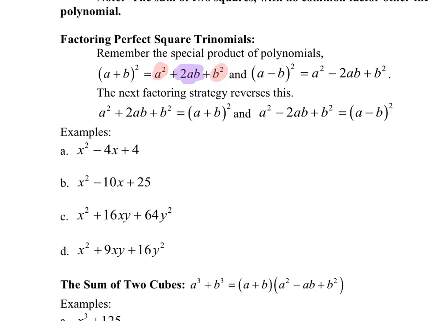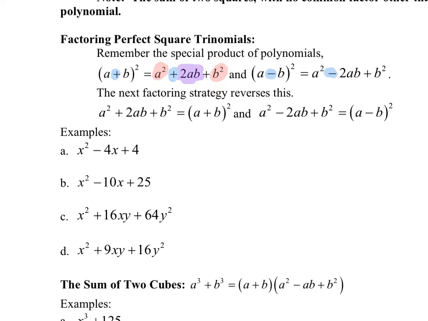Now notice, when this is a plus, this is a plus. But when it's a minus, it's a minus. Other than that, the pattern's exactly the same. The next factoring strategy reverses that pattern.